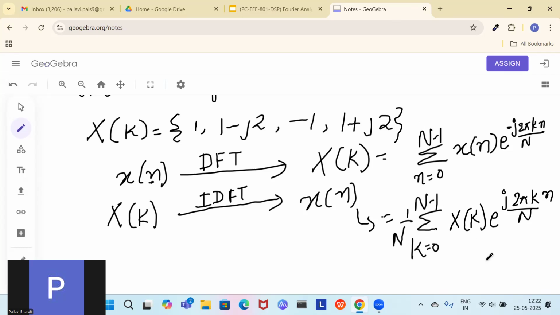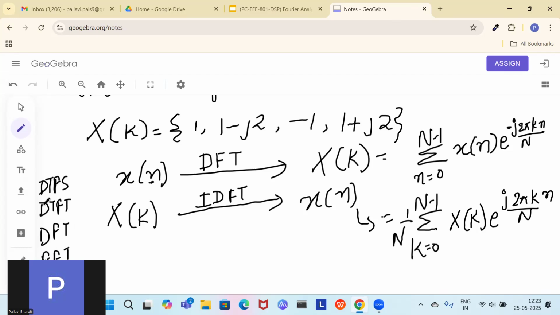Just for revision, we started with DTFS, then we went on to DTFT. Now we are doing DFT, and the last thing that we will be doing will be FFT. This is discrete time Fourier series, discrete time Fourier transform, discrete Fourier transform, and fast Fourier transform.